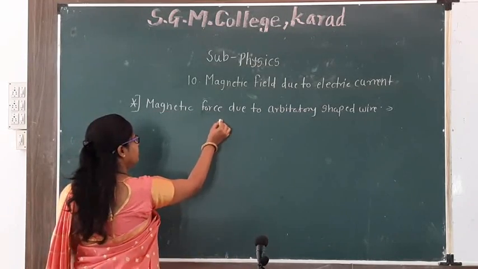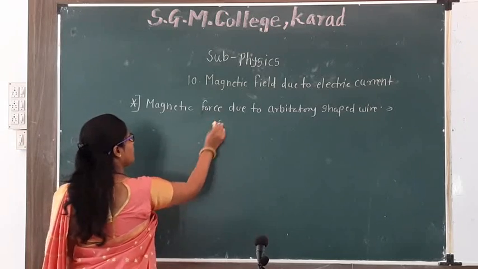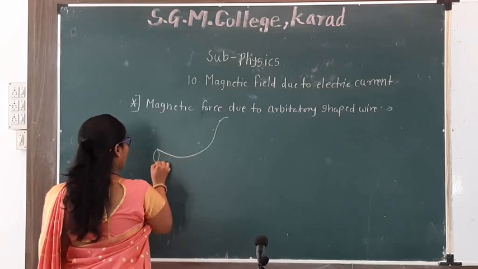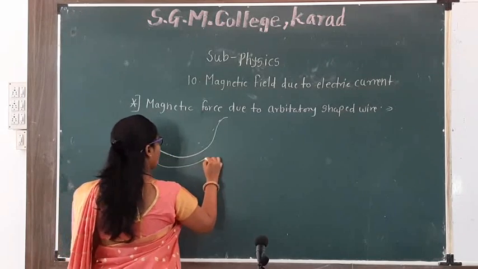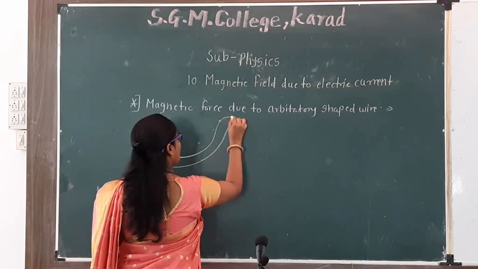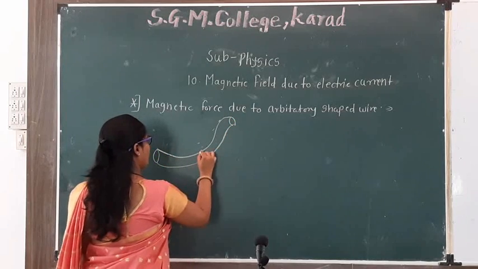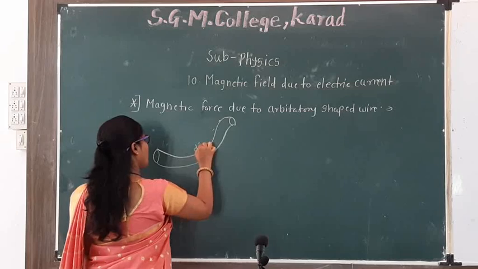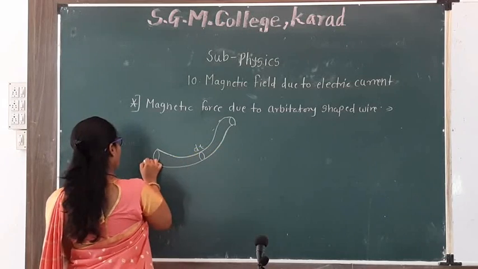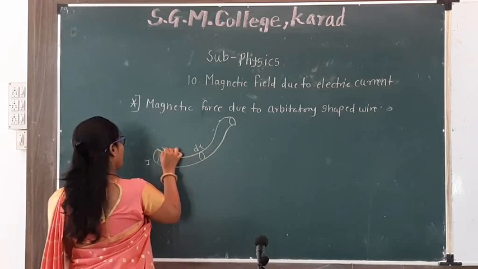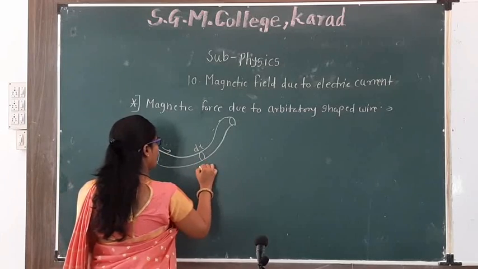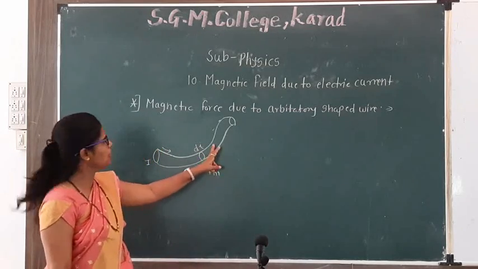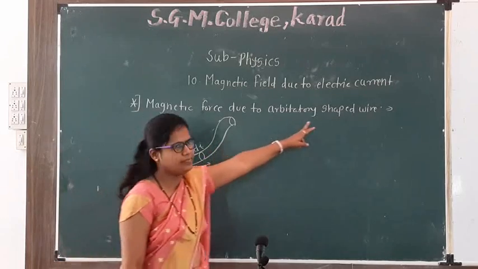Now here is the diagram. Here, this is an arbitrary shaped wire.